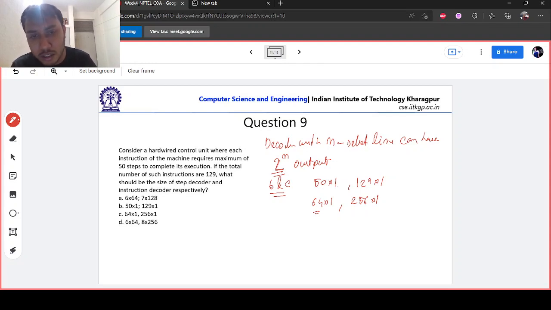Correct? So for 50, what is the nearest power of 2? 64, that is 2 to the power of 6. And for 129, the nearest power of 2 is 256, that is 2 to the power of 8.